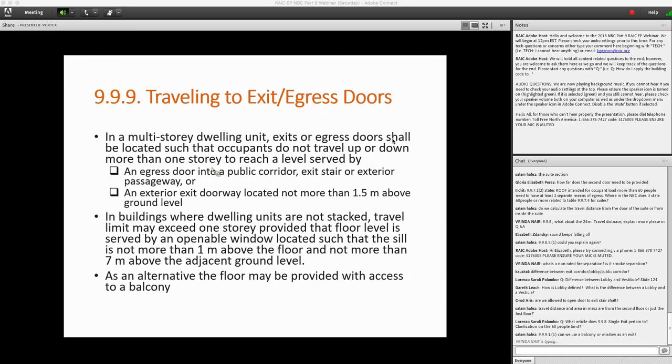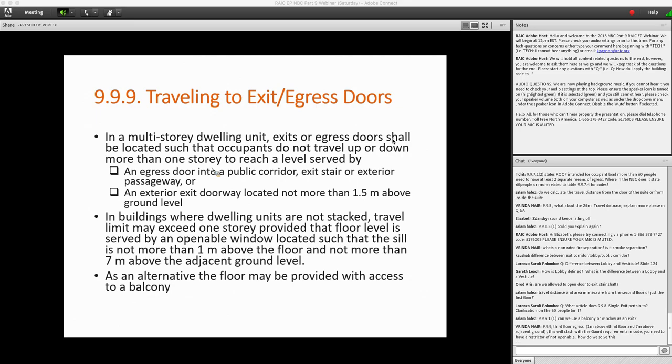And the whole idea is that when you have these balconies, in the event of a fire, occupants can wait on the balcony and then wait for evacuation by the fire department or other authorized personnel.